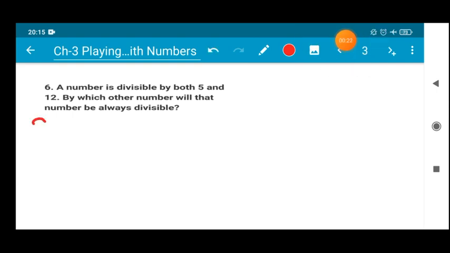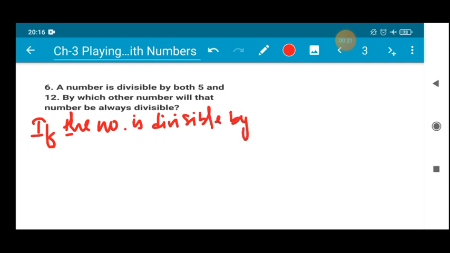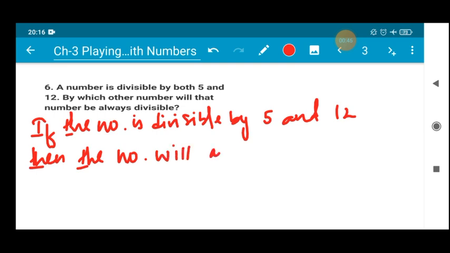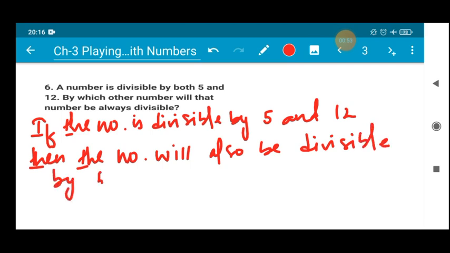So we can write, if the number is divisible by 5 and 12, then the number will also be divisible by 5 into 12.